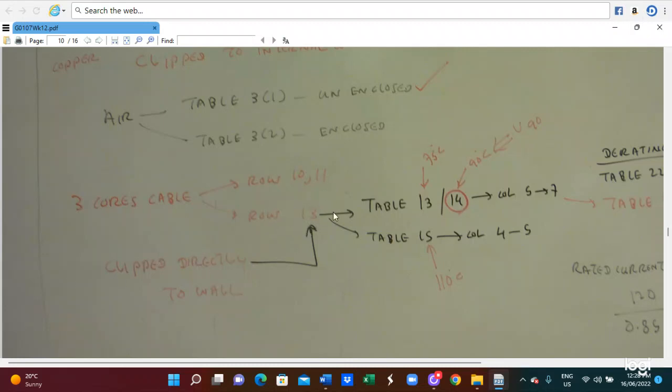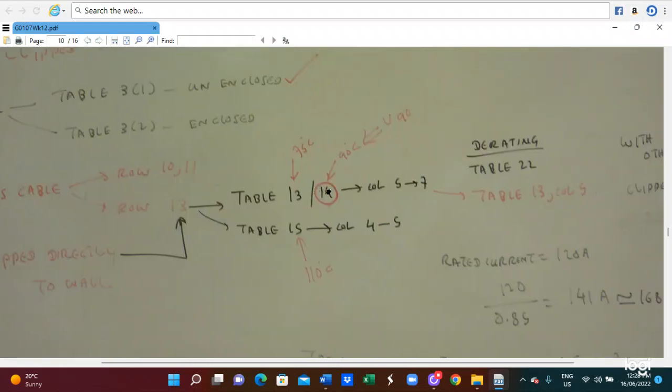So table 31 row 13 is utilized, and this row 13 indicates that we have to further use table 13 to 15. Table 13 is for the 75 degrees centigrade cable, B75, table 14 is for B90, and table 15 is for B110. In this case, it is B90, so we select table 14, column 5 and 7. In this case, table 14, column 5 has to be utilized.